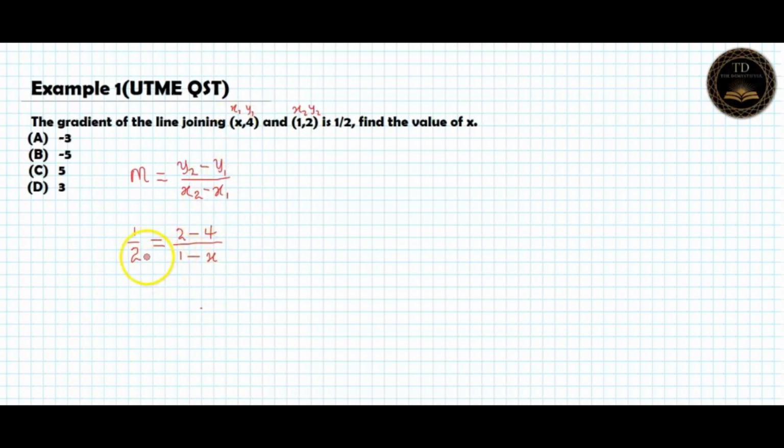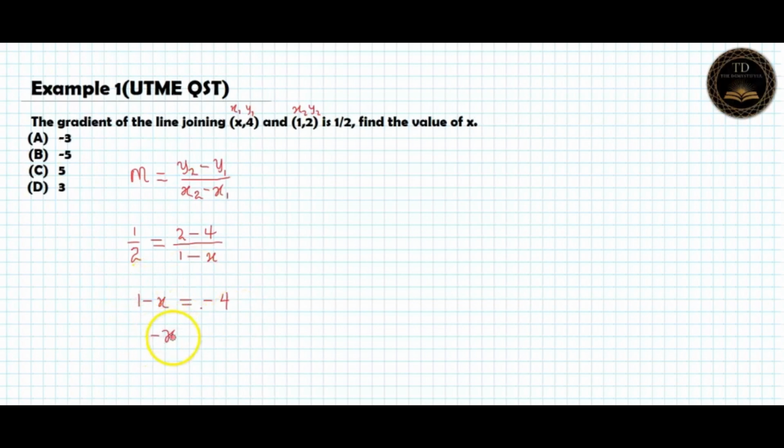So here we'll quickly cross multiply this with this. So I have 1 minus x will be equal to, now 2 minus 4 of course will be minus 2. So 2 times minus 2 is minus 4. Then I'll take 1 over.